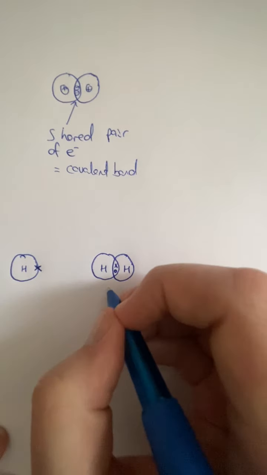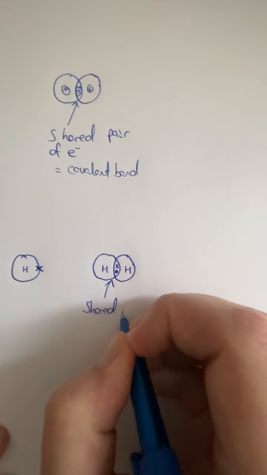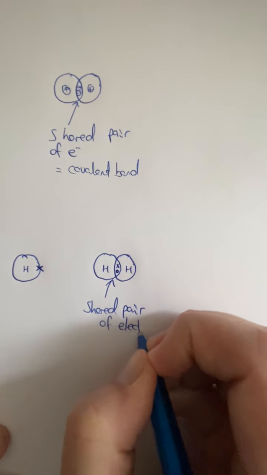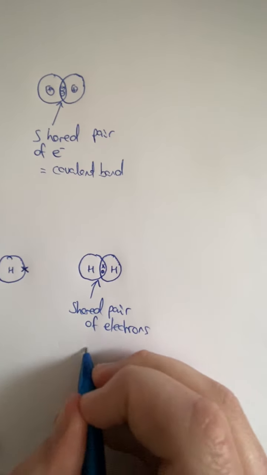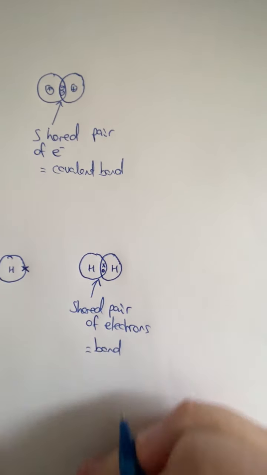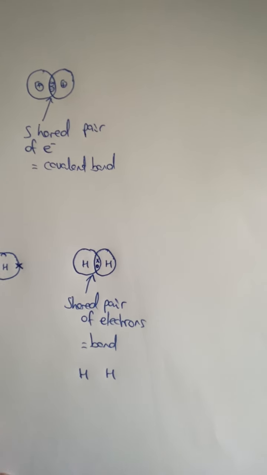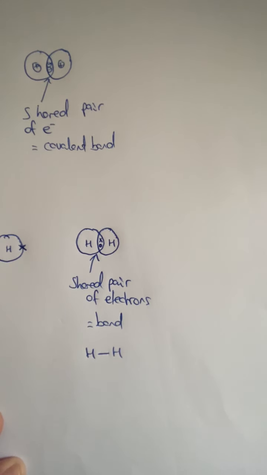Whenever you have this, that's again a shared pair of electrons, and whenever you have a shared pair of electrons, that equals a bond. So you have H and H, and when you draw that out, it looks like this. Okay, so that's the first one.